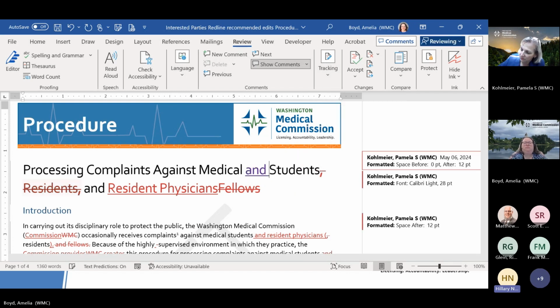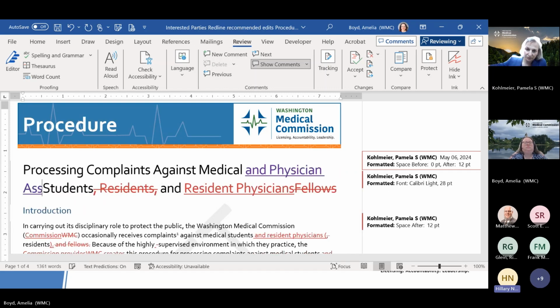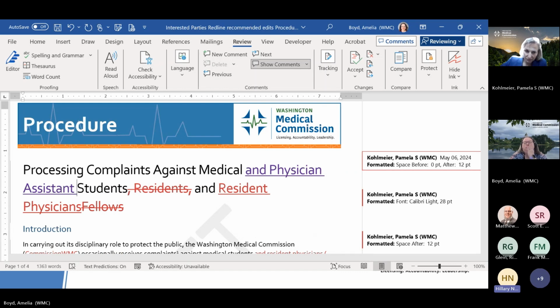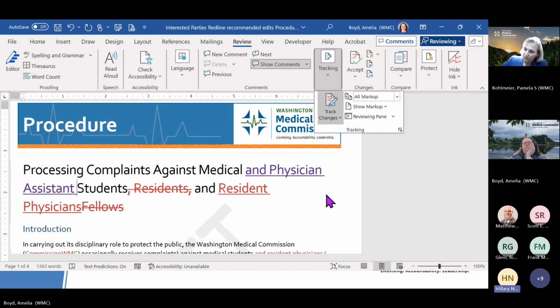But I did get some feedback just from University of Washington, and they just had a few general comments as they worked through the draft. No major concerns.